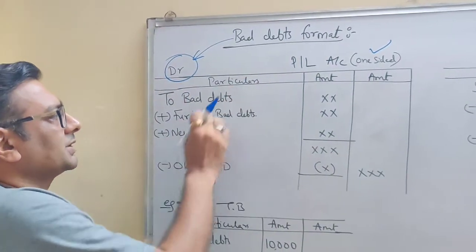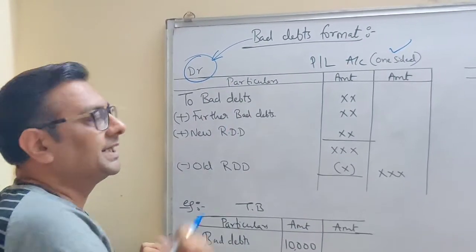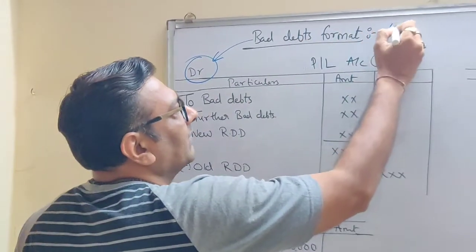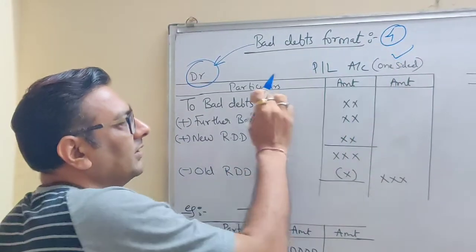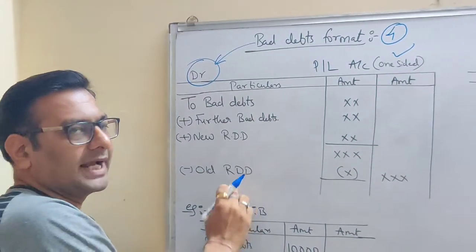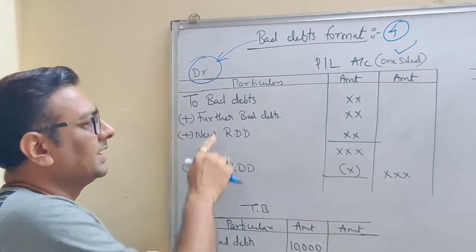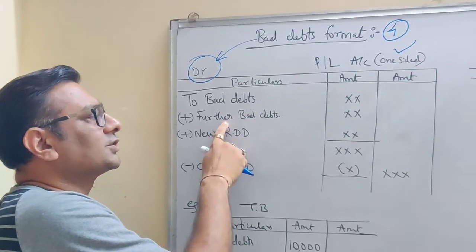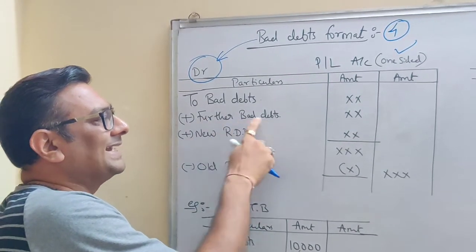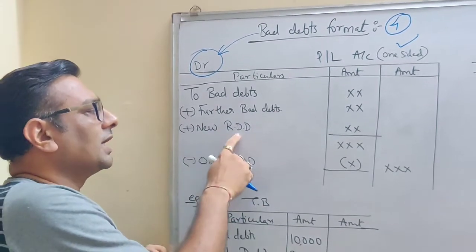And in particulars, you will write the bad debts format. So how many elements are there in the bad debts format? We have 4 items. As you can see, the first item is bad debts. Second is further bad debts, which you can call in short form FBD. Then new RDD.